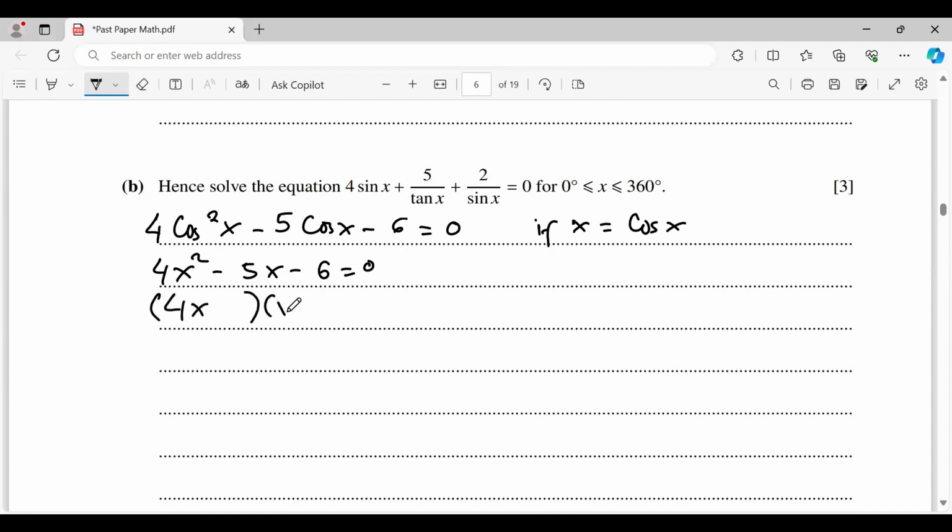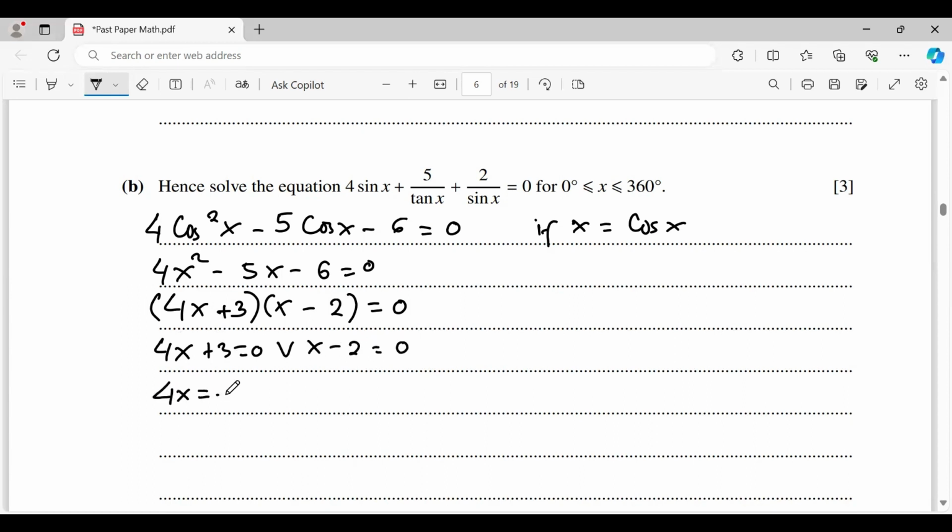So we factorize: plus 3 minus 8, yeah, correct. So x plus 3 equals 0 and x minus 2 equals 0.